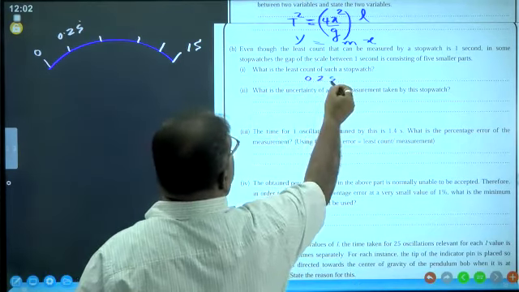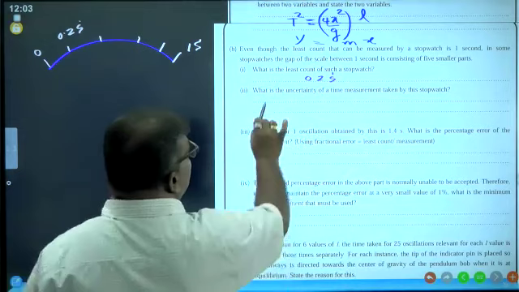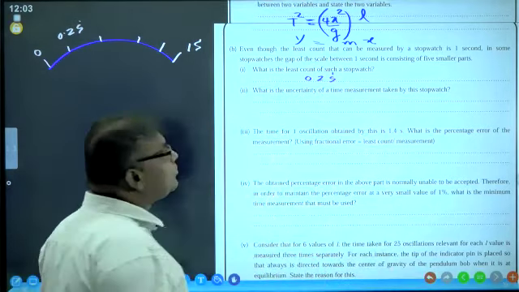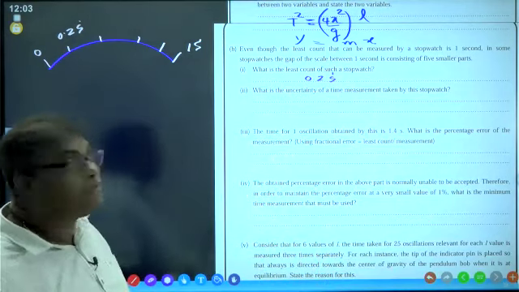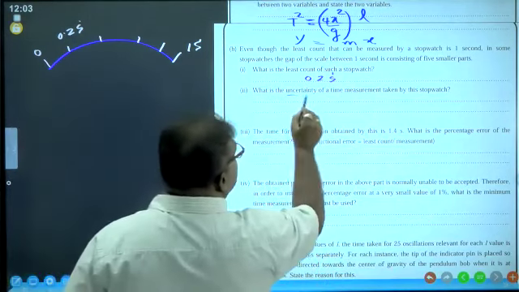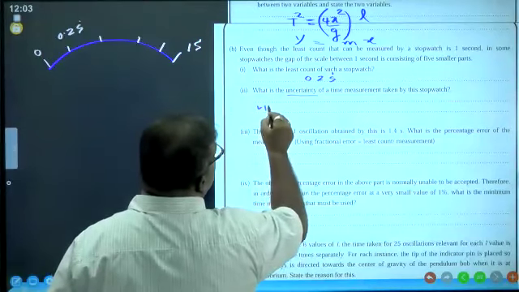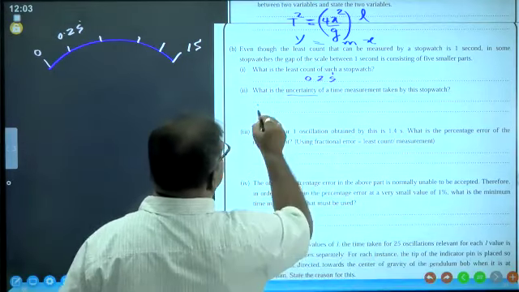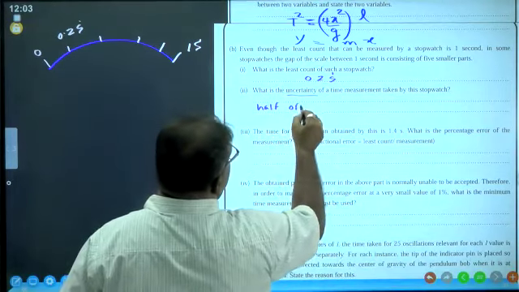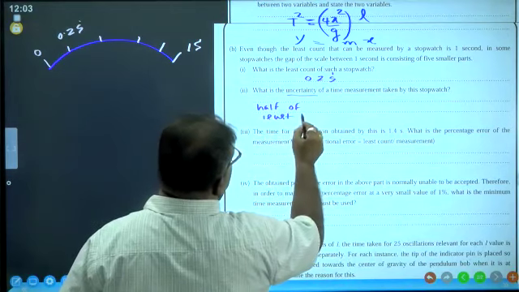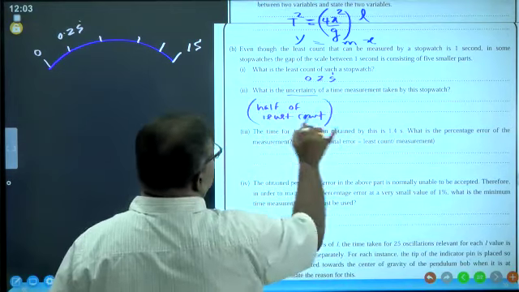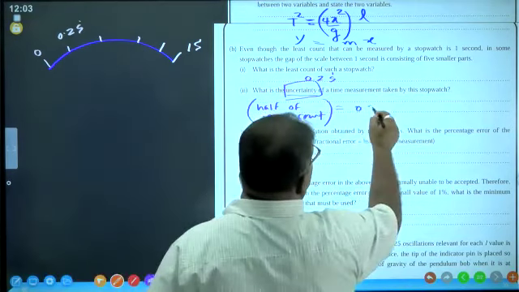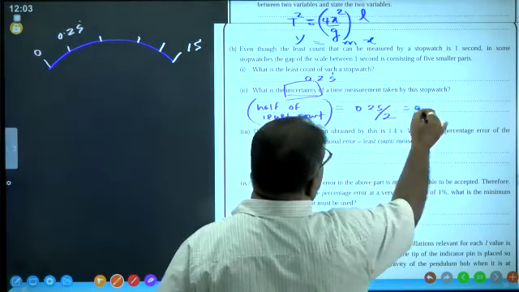That's clear, 0.2 seconds. Here we need the uncertainty of the time measurement taken by the stopwatch. The uncertainty is half of the least count. Half of the least count is the error uncertainty, right? It's 0.2 seconds divided by 2, which is 0.1 seconds.